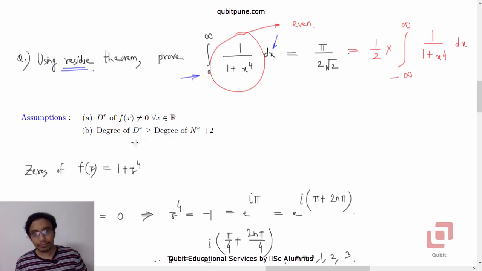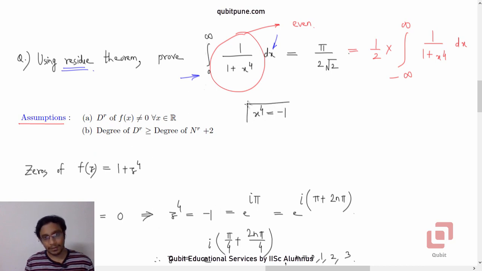All right, we'll make sure whether our assumptions are satisfied. There are no real roots of the denominator. Yes, it has 4 roots. You have to apply de Moivre's theorem or Euler's formula to get the roots.